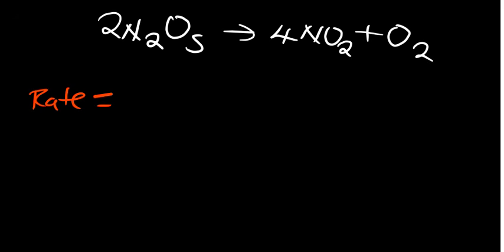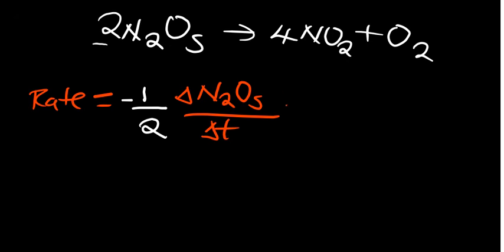In terms of the reactant changes, we'll put a negative 1 over the stoichiometric coefficient 2, then its change in concentration, so I'll say change in concentration of that reactant over the change in time.